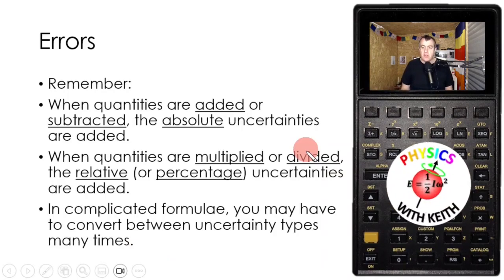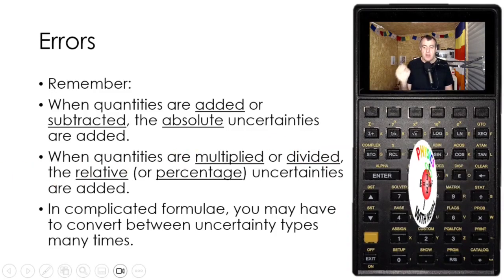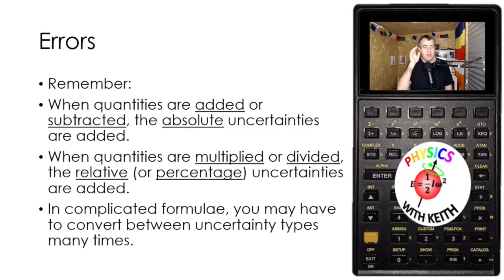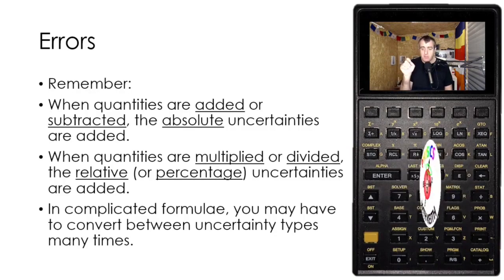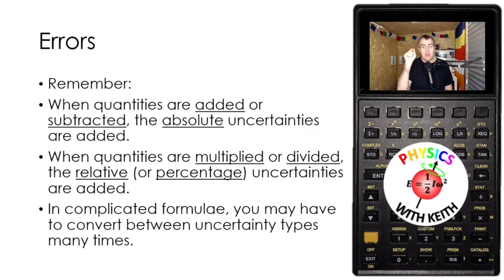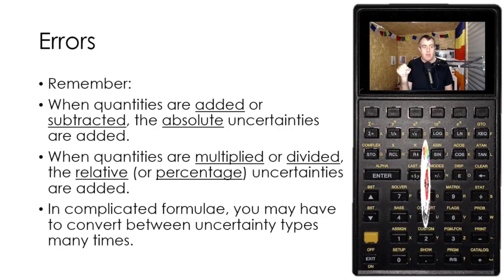Okay, so just some things to remember. Just a reminder, very important, adding quantities or subtracting quantities, it's the absolute uncertainties we add. We never subtract them. Multiply or divide quantities, then we add the relative or the percentage uncertainties. We never subtract them.